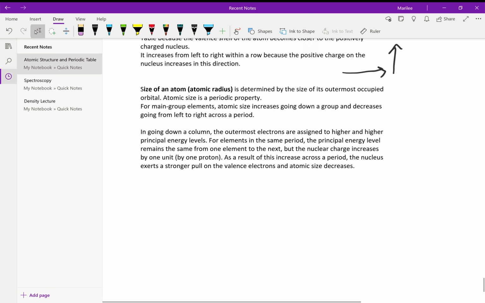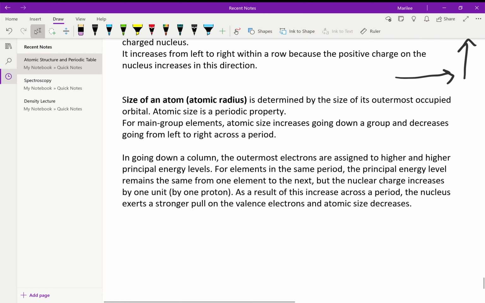The last thing I'm gonna go over is size of an atom, atomic radius, which is determined by the size of its outermost occupied orbital. So this atomic size is a periodic property. For the main group of elements, the atomic size increases going down the group and decreases going from left to right across the period.